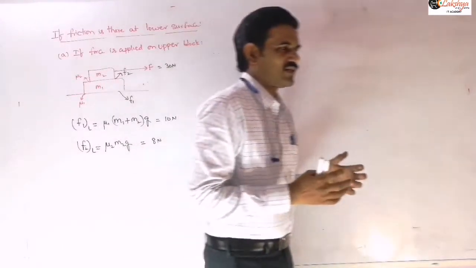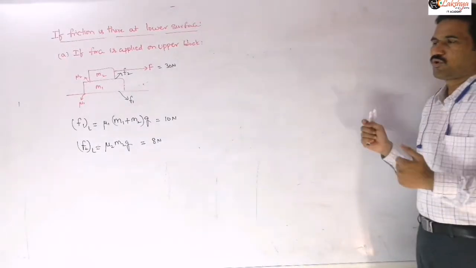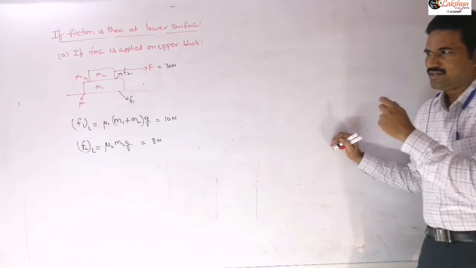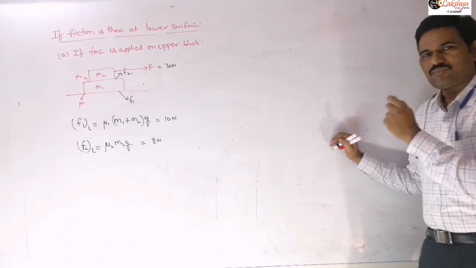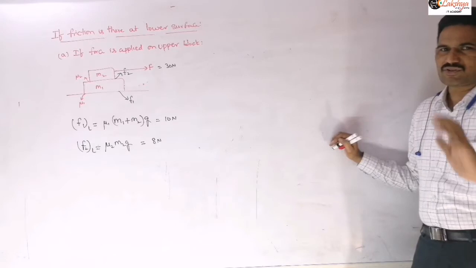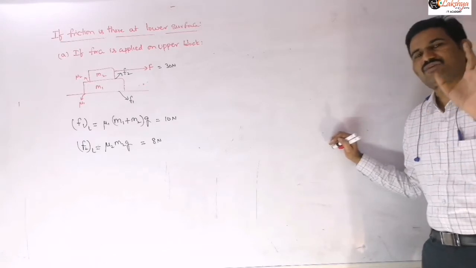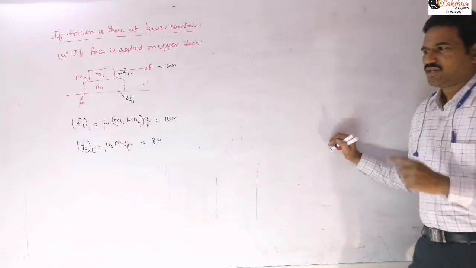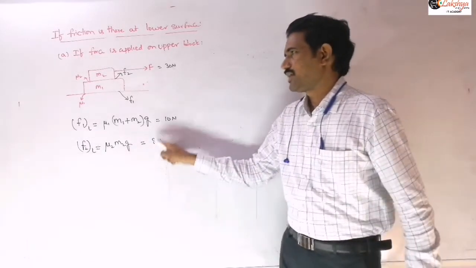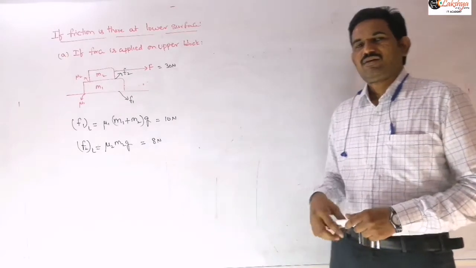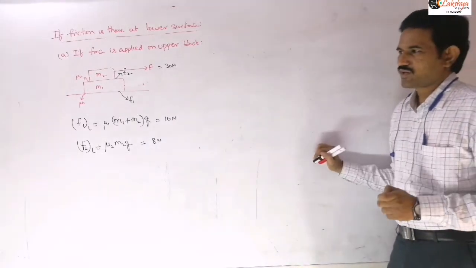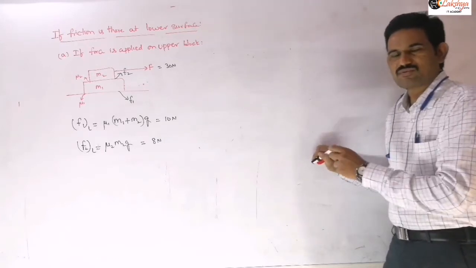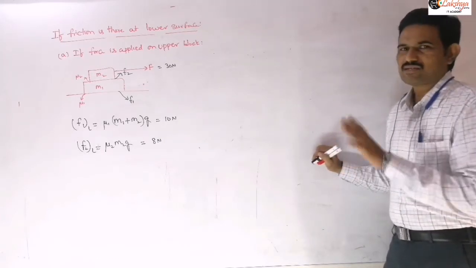Now can you say that both the blocks are accelerating? They may accelerate with common acceleration or different accelerations. I am just asking whether acceleration is there or not for both blocks. If the values are 10, 8 and 30, then what you should observe is that in this particular case, M1 will remain at rest.